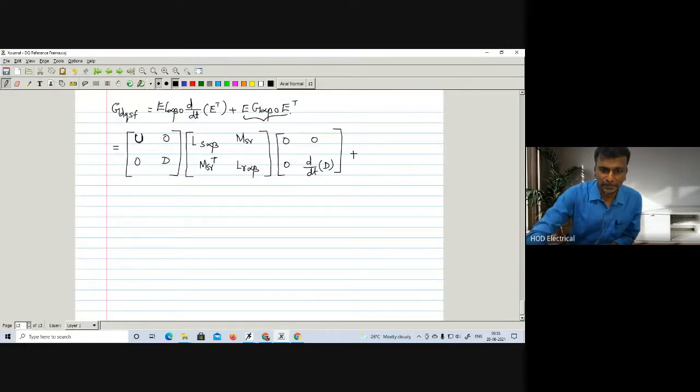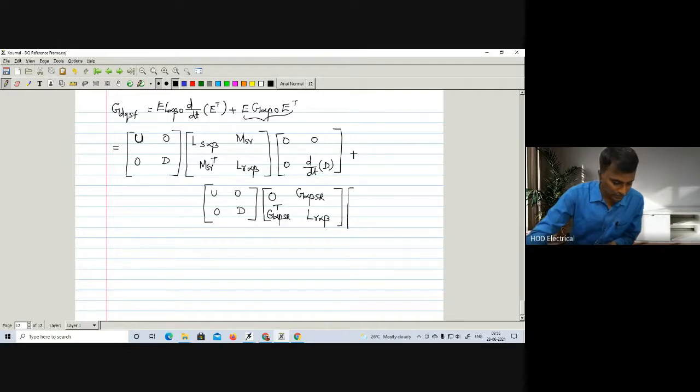Then let me go to the E matrix again: U, 0, 0, D matrix, in the G alpha beta naught. Already we know the 0 matrix. Then G alpha beta between stator and rotor, then G alpha beta between stator and rotor transpose, into LR alpha beta, then we have U transpose, 0, 0, D transpose, right?